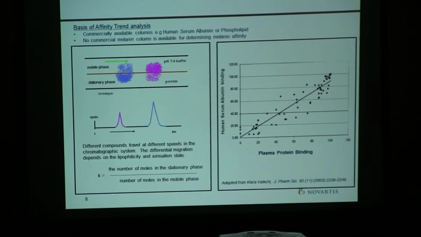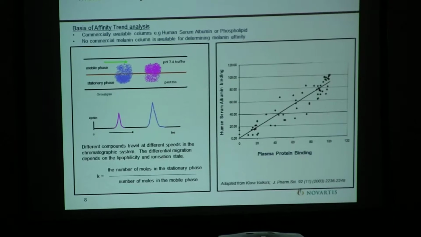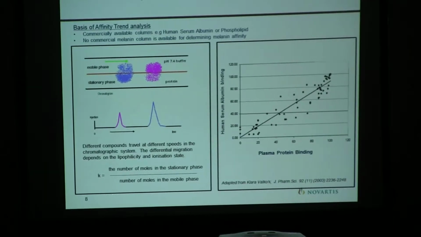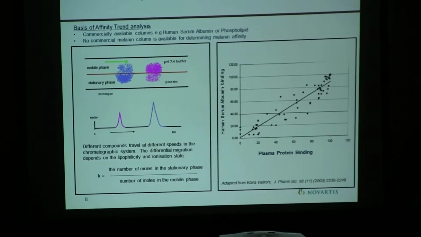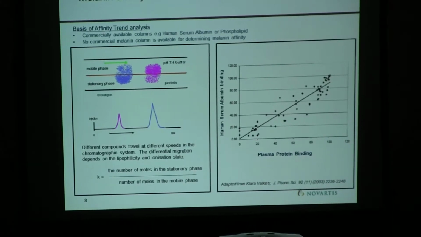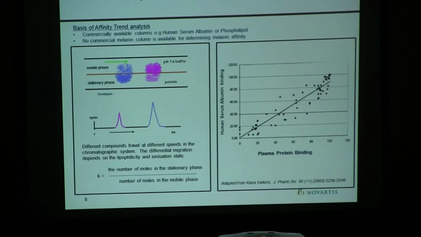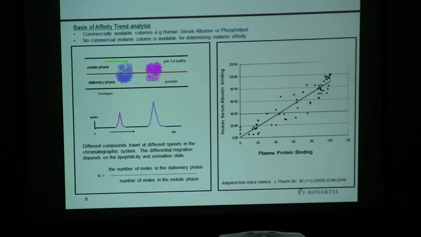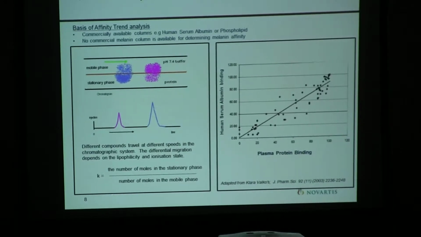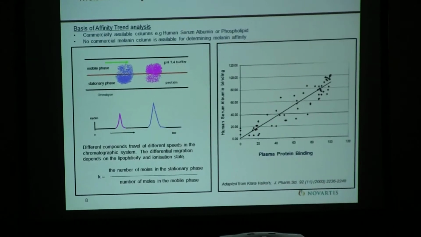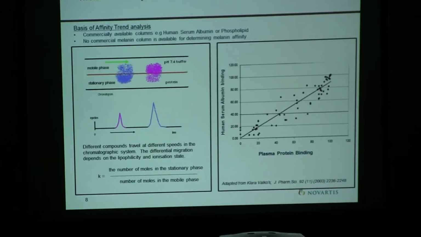When we start with thousands of compounds in the drug discovery process, we cannot run the in vivo studies that I showed. So we need some high throughput technique to quickly but reliably screen these compounds, so that we can move forward, or at least assess the risk of these compounds and eliminate them from the screen.